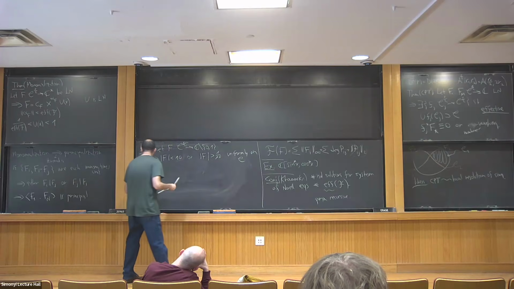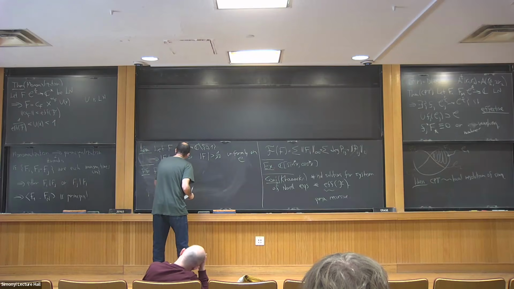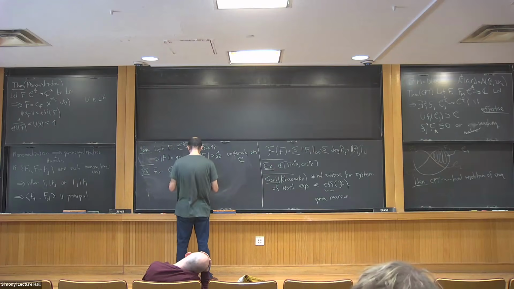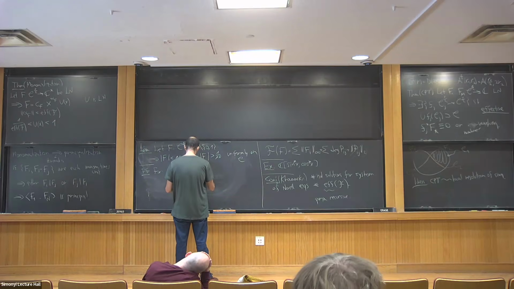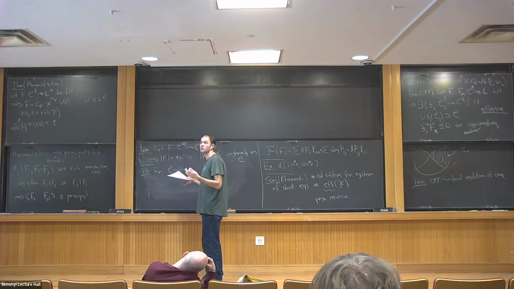So first of all, for a disk, I claim that this is very simple. For C a disk, I claim that this just follows by the contraction principle for holomorphic maps.